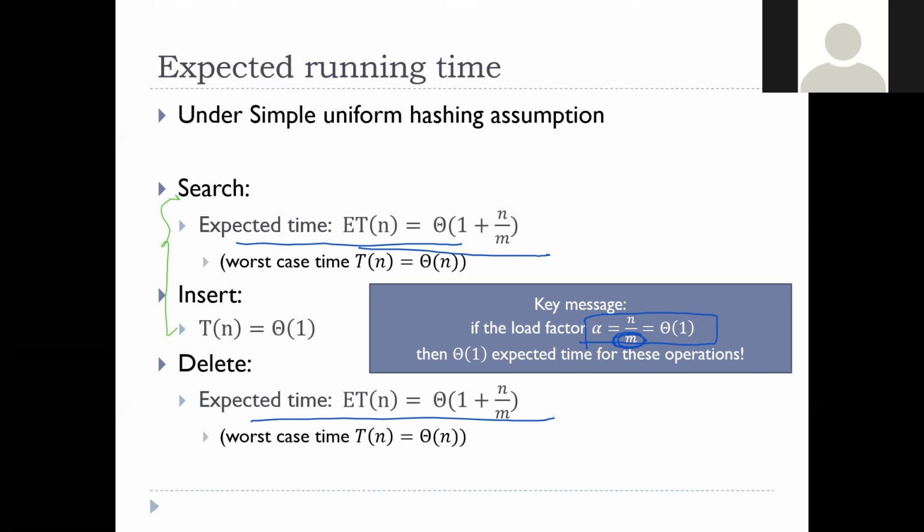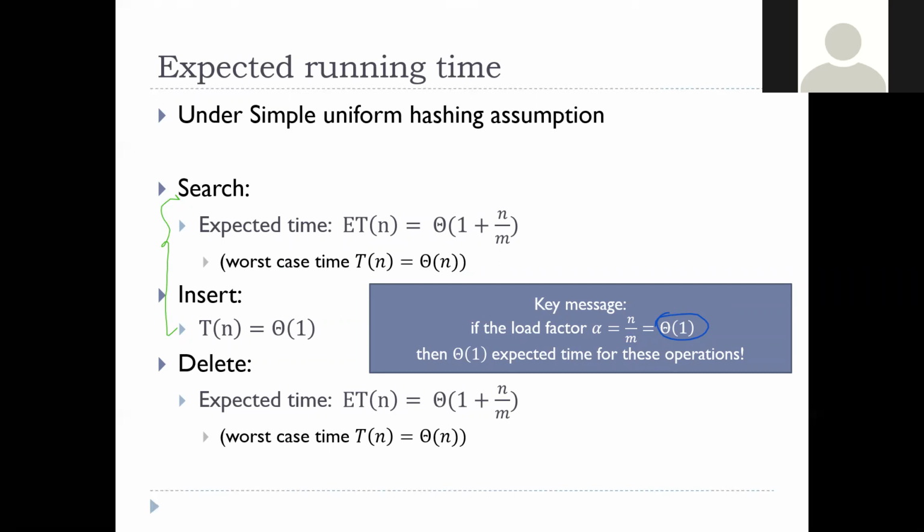So in other words, under the simple uniform hashing assumption, and if we assume the load factor is constant, namely the number of data you have is proportional to the size of the hash table, then you only need constant expected time for each of these operations, which is far more efficient than using a binary search tree, which needs log n time.